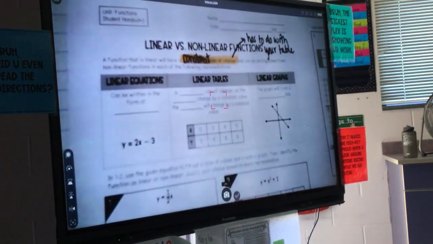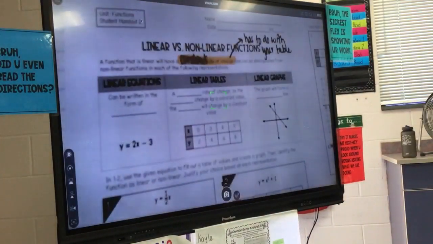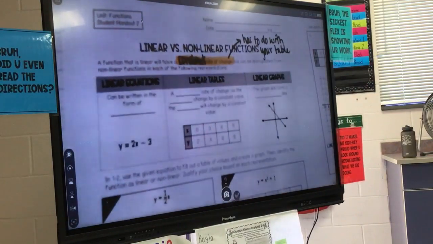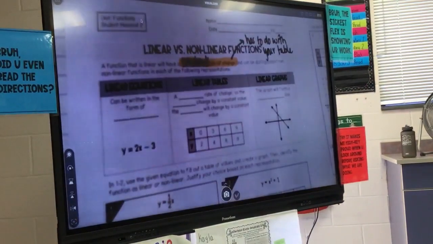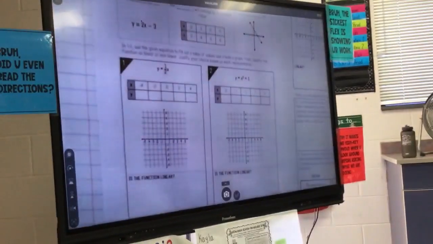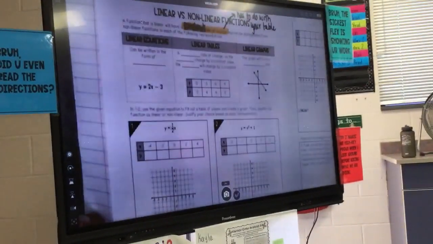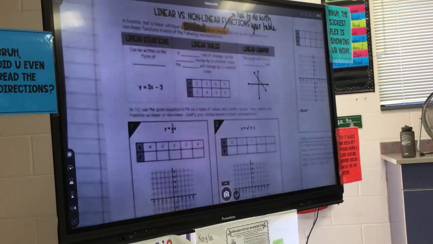Alright, so there are a couple different ways that you can determine if something is linear or non-linear. The first one is looking at the equation. And we are moving into y equals mx plus b, so that is essentially where we're going with all of this.